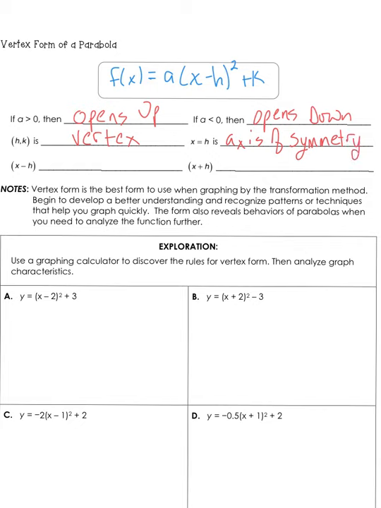And then if you have an x minus h, remember that's the opposite of what you think it is, so your movement will be a right move. And then if you have x plus h, that would be a left move. What they don't say, and probably should be on here, is that a positive k equals an up move, and a negative k equals a down move.